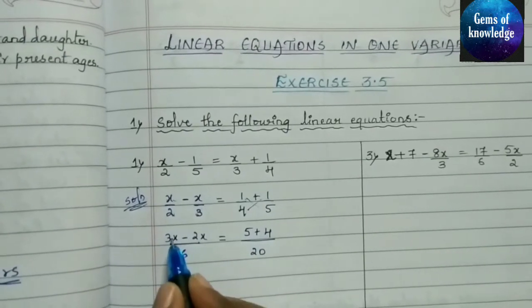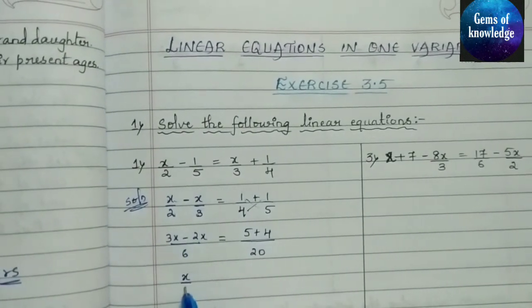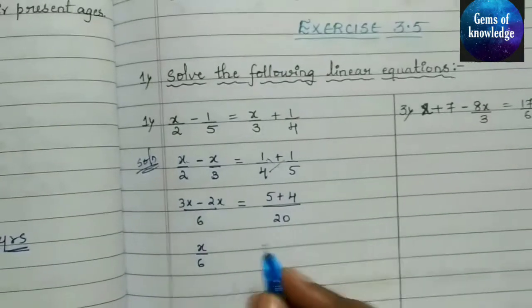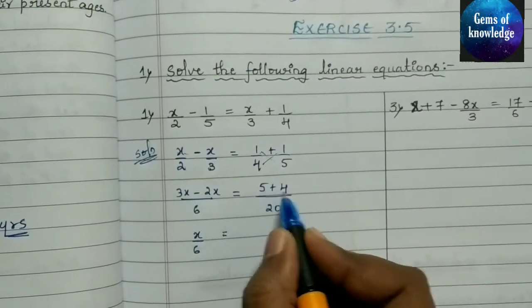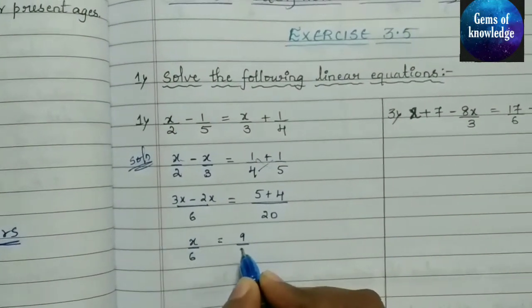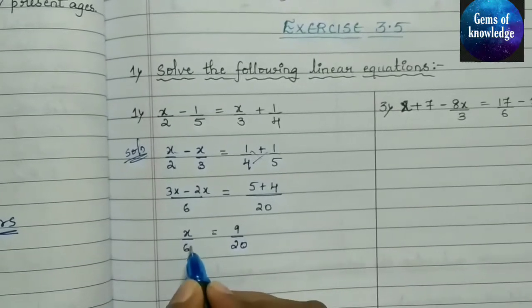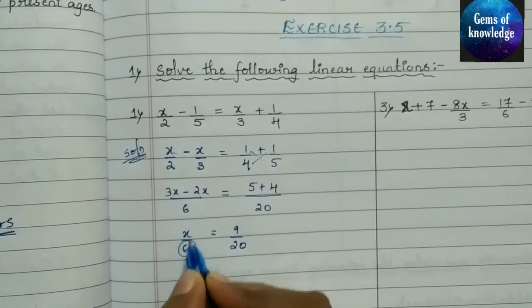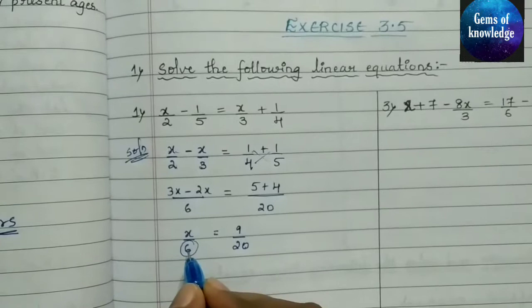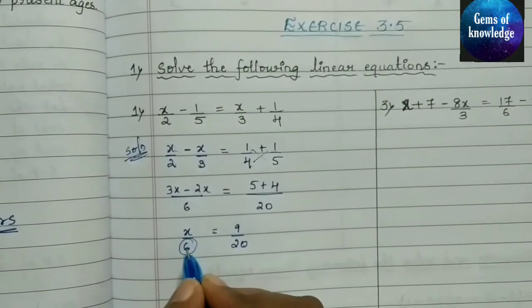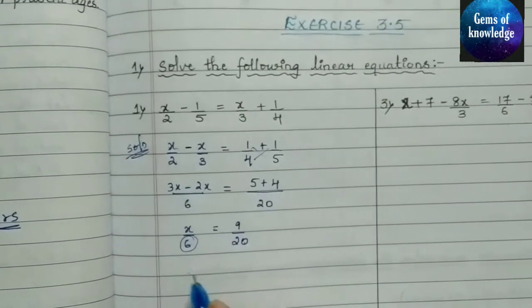So here we will get 3x minus 2x is x by 6, equals 5 plus 4 is 9 by 20. Now we will bring this 6 to this side. It is in the denominator, so when we bring it to this side it will become multiply.